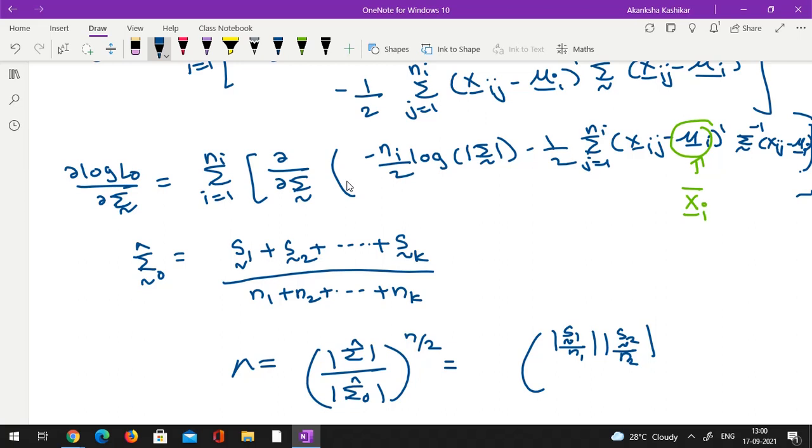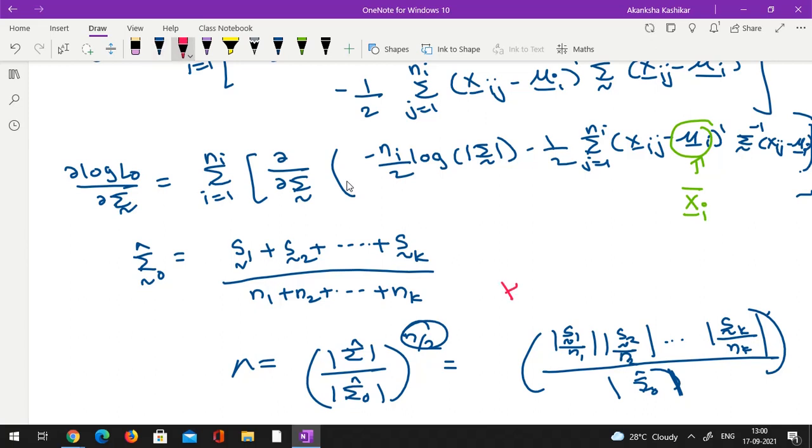Because I'll have individual sigmas. I don't have a common sigma. And Sk by Nk, divided by sigma naught hat, something like this. And we will not have this common n by 2, so we'll have to worry about individual n by 2s.